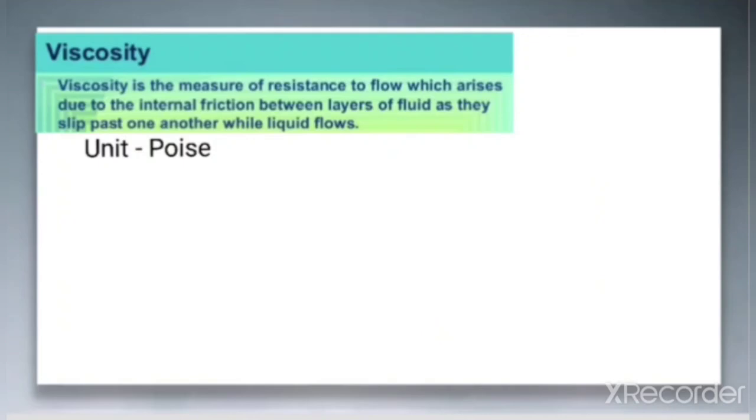So in simple words, it is a measure of resistance to flow of a liquid which arises due to the internal friction between the layers of fluid. That means the fluid has different layers, so there is an internal friction existing between these layers. Because of this, it resists the flow of that liquid. That is called viscosity. Unit of viscosity is poise.